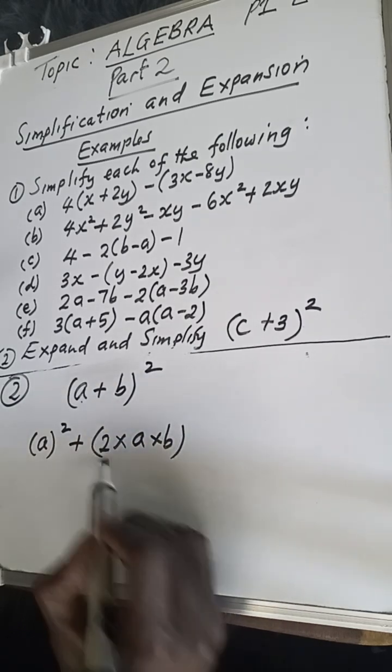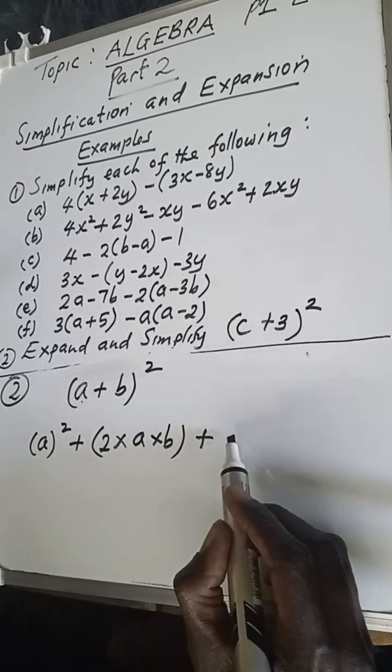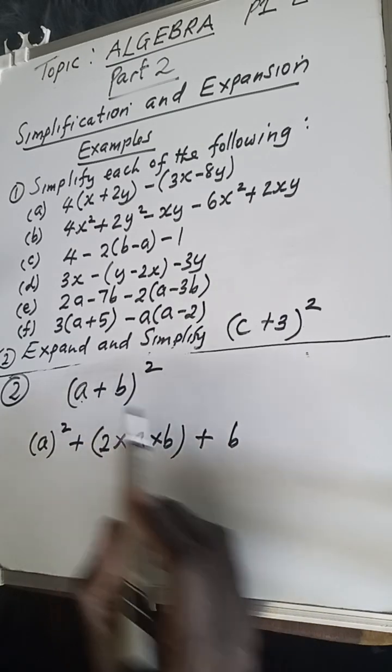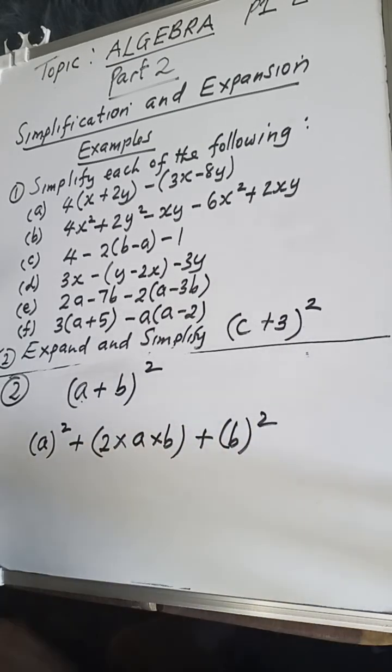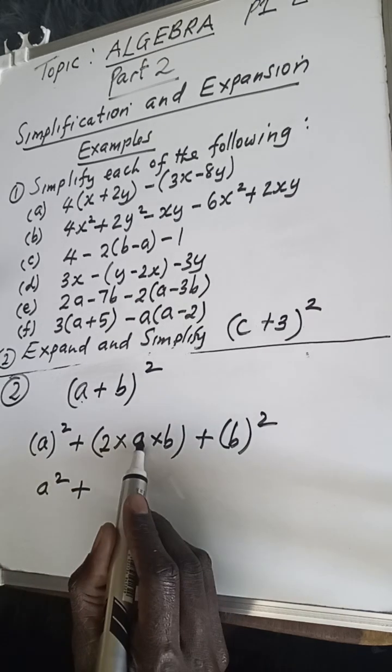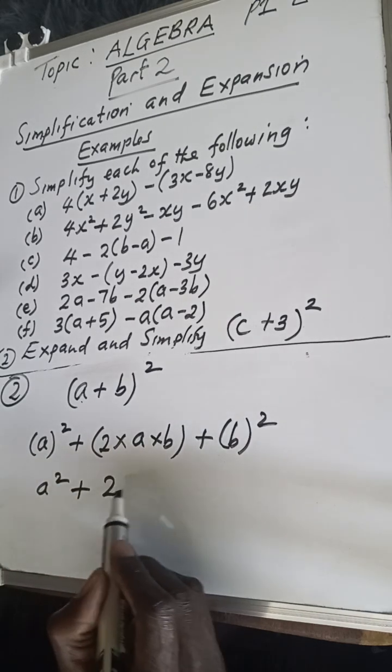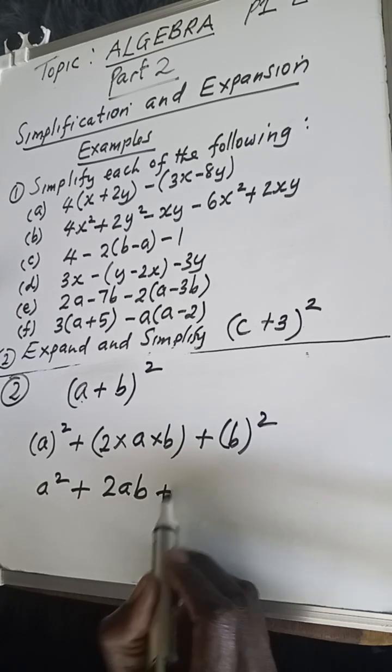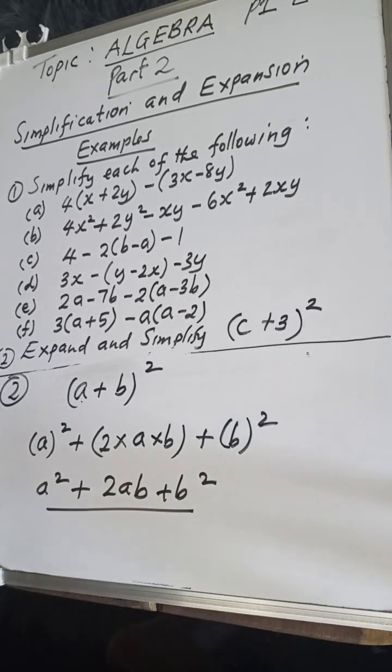That's the middle term. Plus the last term, whatever sign it has, you get it and you raise it to the power 2. So it is a squared plus 2 times a times b will give me 2ab, then plus b squared. Then I've actually expanded.